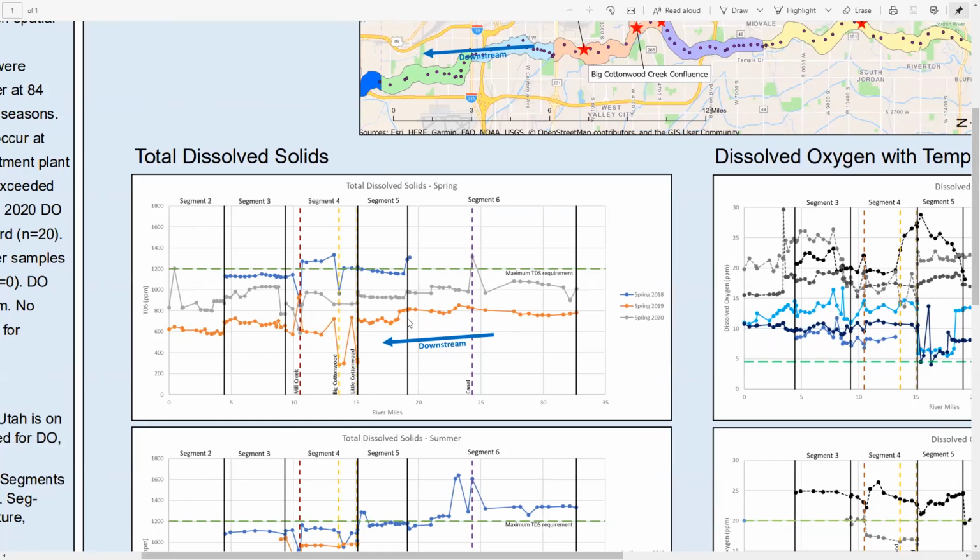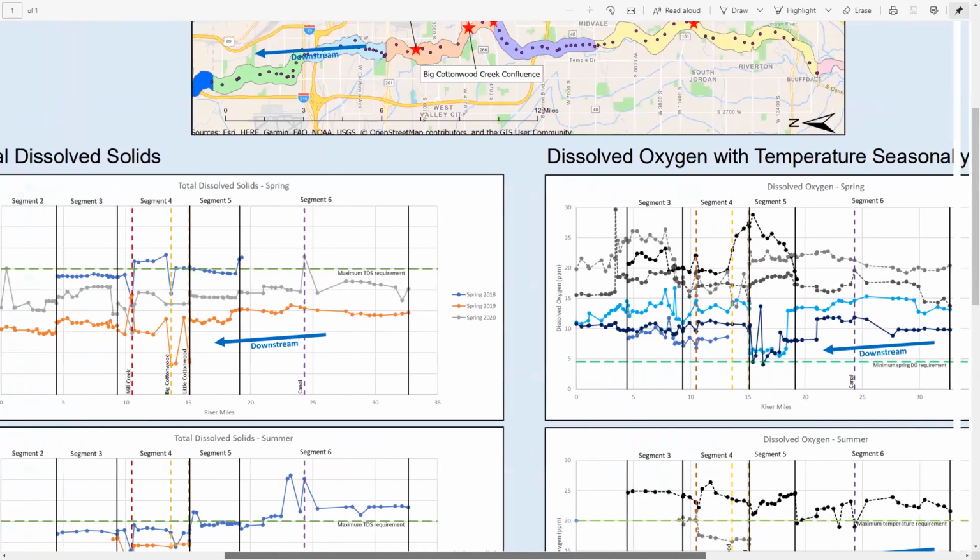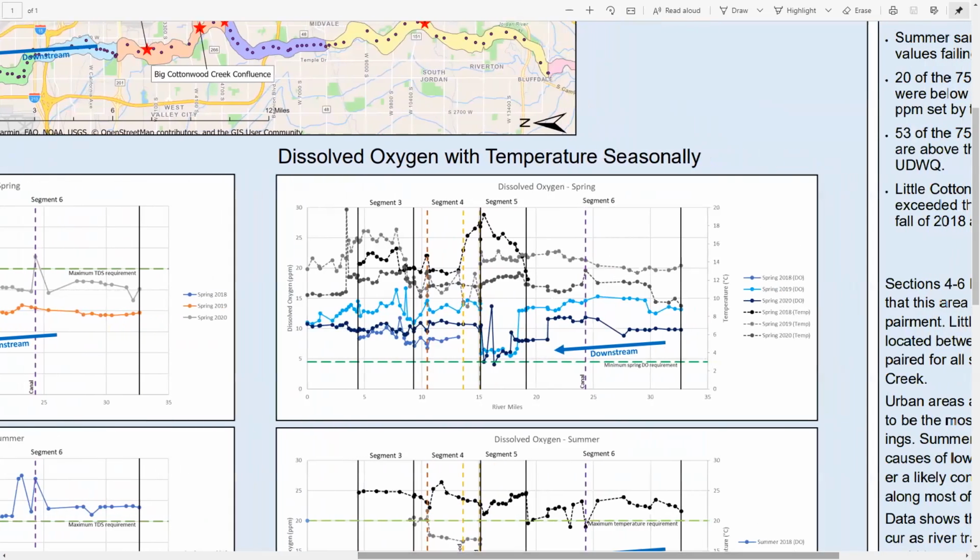Moving on to DO, we see dissolved oxygen and temperature shown together to highlight their relationship. As you can see, temperature increases as DO decreases and vice versa. This data indicates that DO is above the UDWQ thresholds in all but 2 samples. For spring and summer, we have the minimum requirement being 4 parts per million, and then for fall and winter, we have it being 4.5 parts per million.